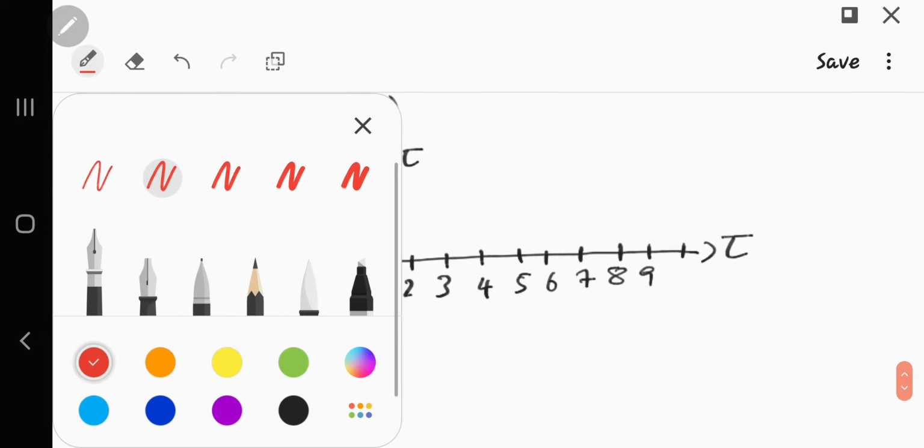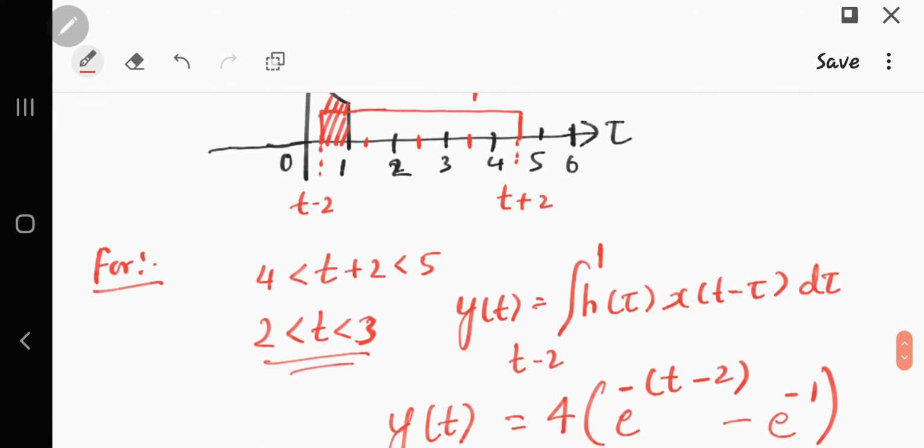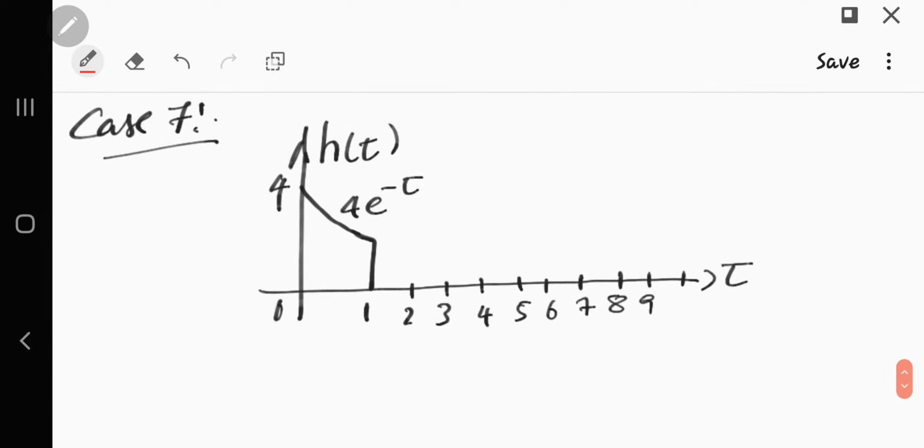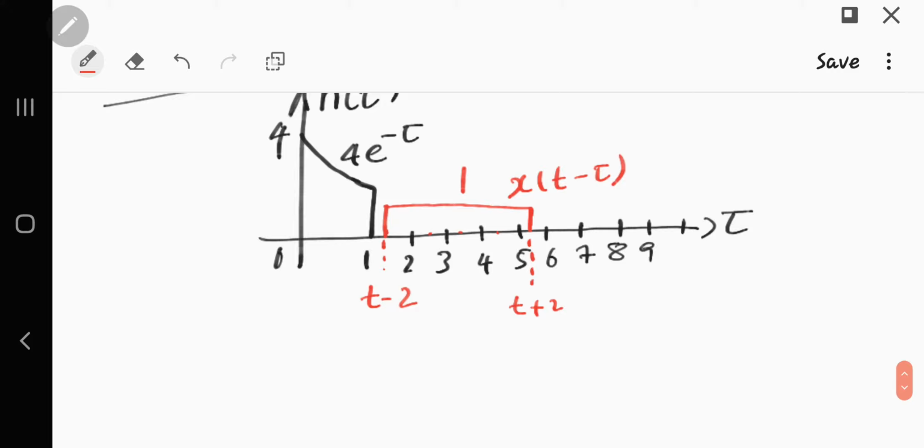Now let's write the overlapping signal. As you can see, in the next case I will be placing t plus 2 between 5 and 6, that is here, t plus 2, and 1, 2, 3, 4, 4 divisions. So this is my x of t minus tau with amplitude 1, and this end is t minus 2. Now the signal, you can see there is no overlapping, and that means y of t will be 0.